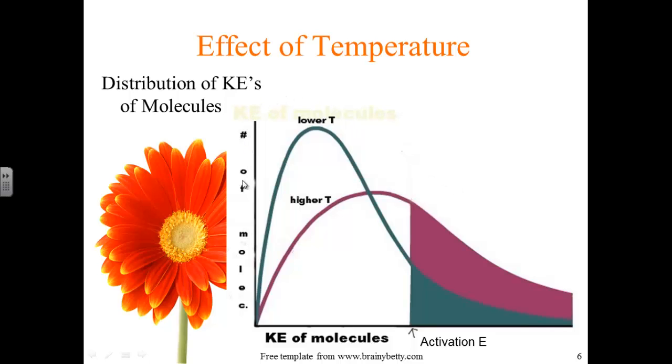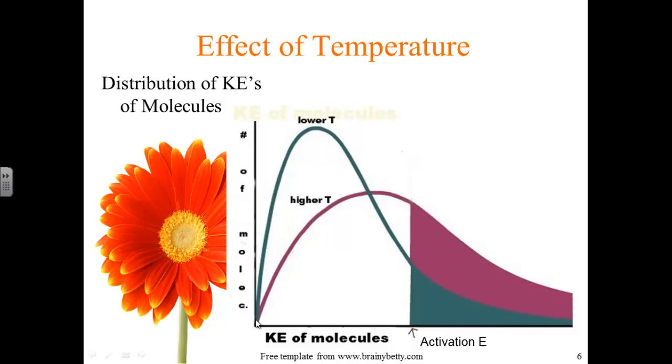On this graph, we have the number of molecules on the y-axis. So the higher the curve, the more molecules there are in that spot. We have the kinetic energy of molecules on the x-axis. So as you go to the right on the x-axis, your kinetic energy is increasing to the right and decreasing to the left.